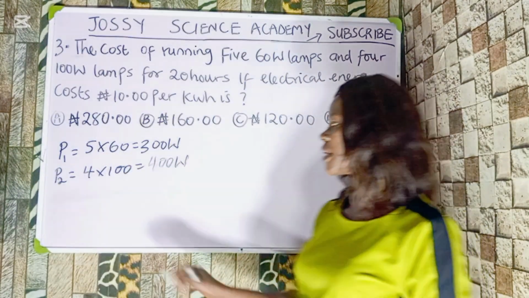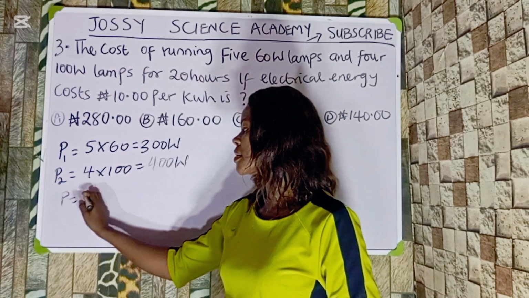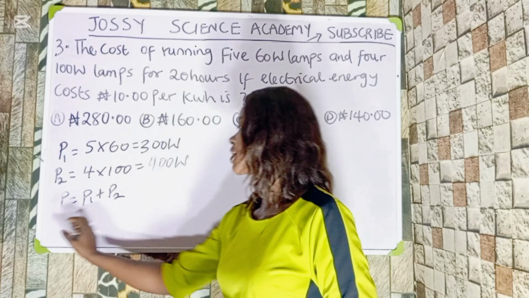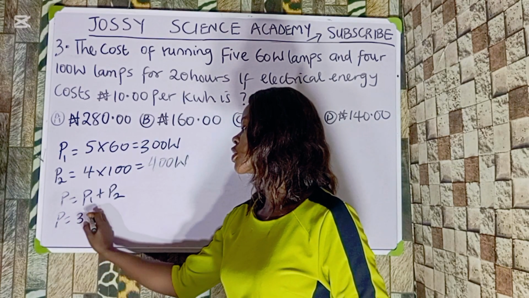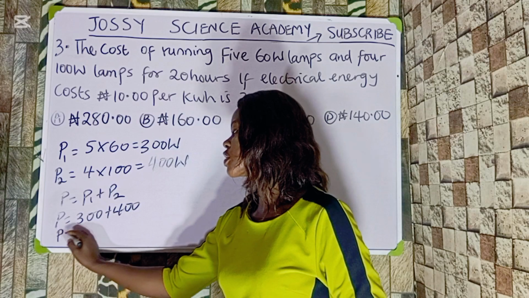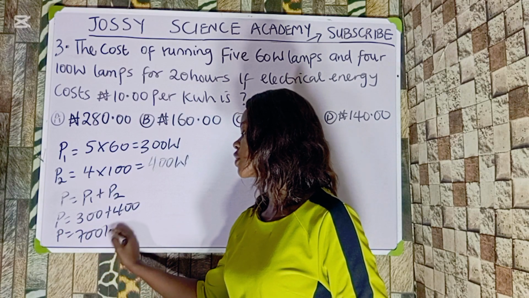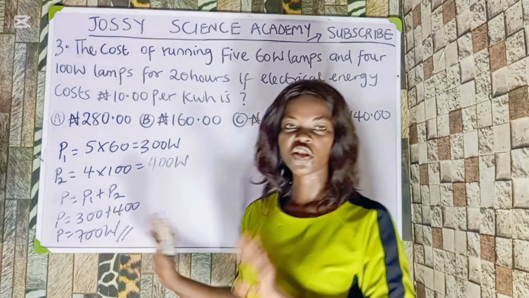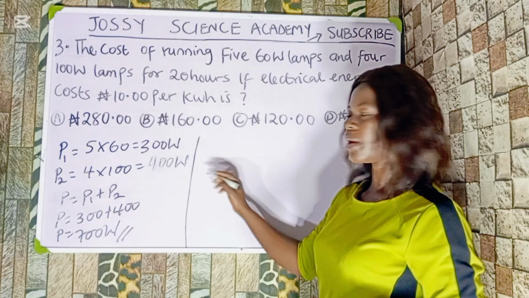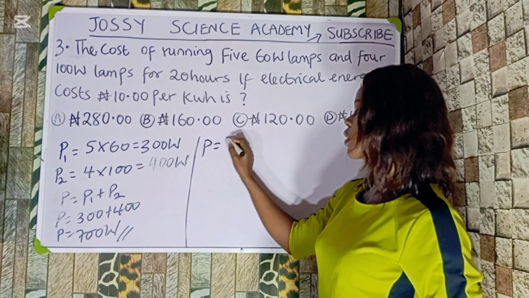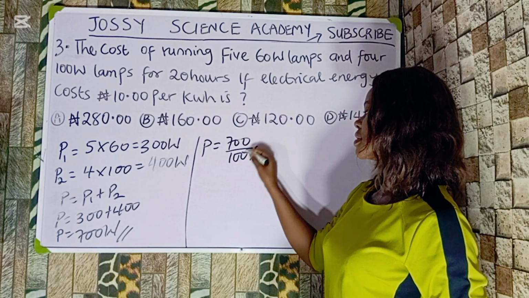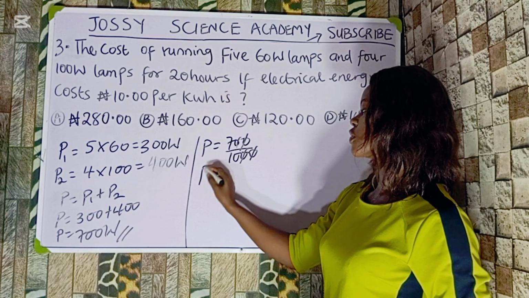So we add them together: the total power is P1 plus P2, that is 300 plus 400, which gives me 700 watts. That is just for the power. Next we get the power in kilowatts simply by dividing by 1000. So P is equal to 700 over 1000. This cancels this. It's going to give me what?